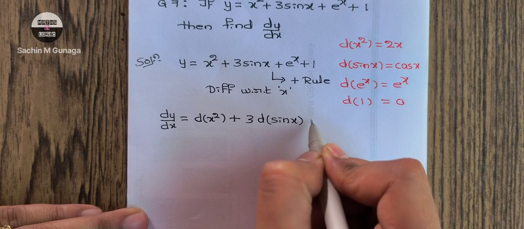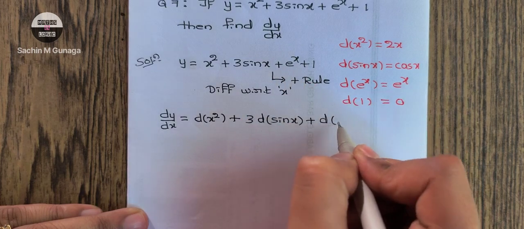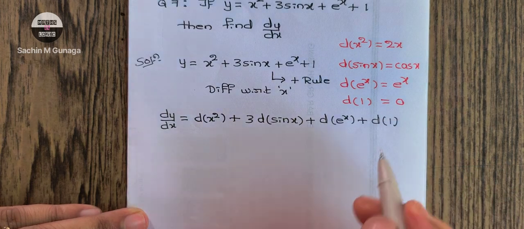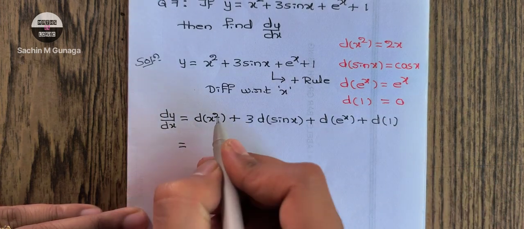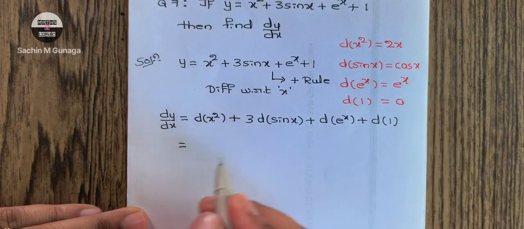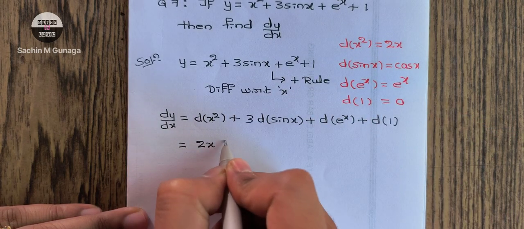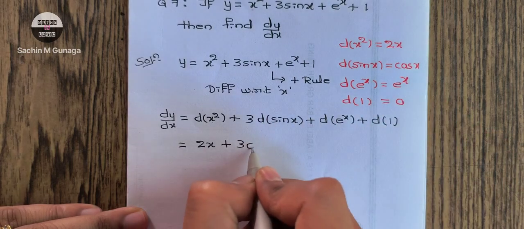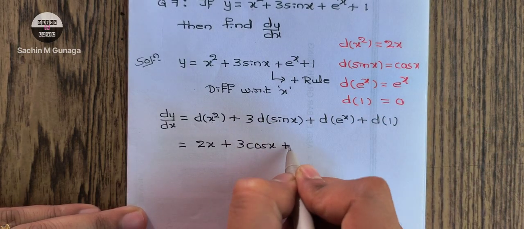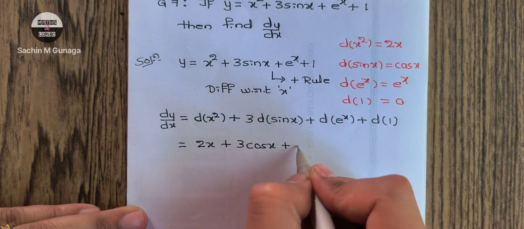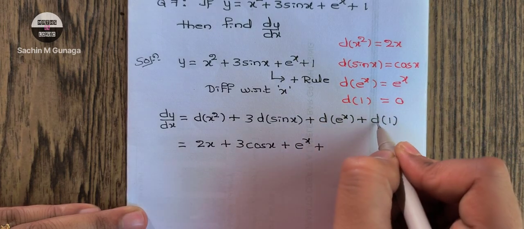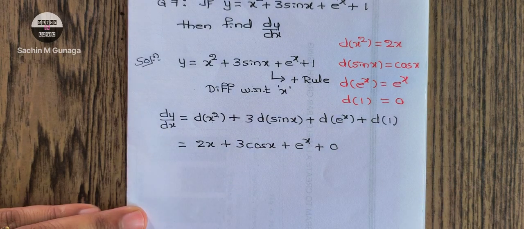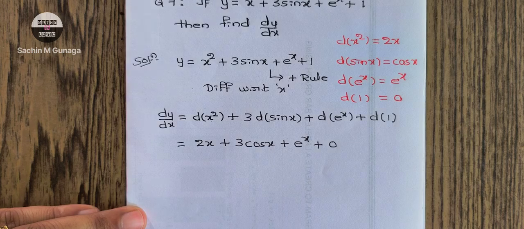Sin x, plus differentiation of e power x, plus differentiation of that given number, that is 1. Therefore which is equals to x square differentiation, how much? 2x. So right here 2x plus 3, keep it as it is. Sin x differentiation is cos x, plus e power x differentiation is e power x, plus differentiation of 1, answer goes to 0. So this is the value of dy divided by dx.